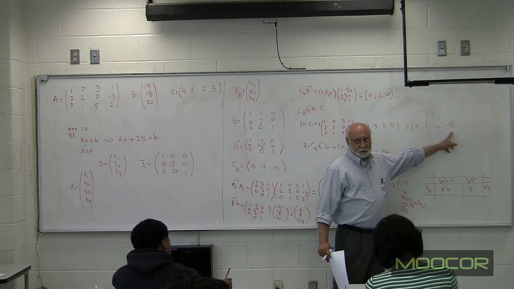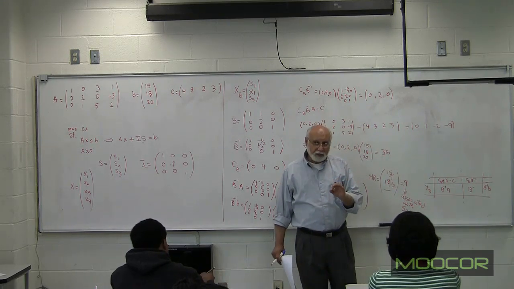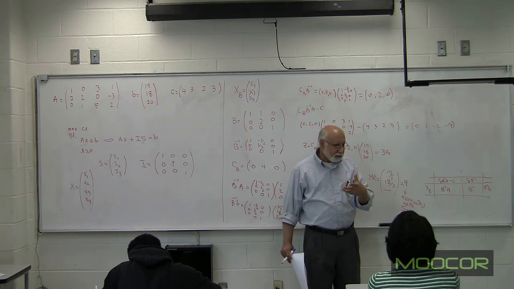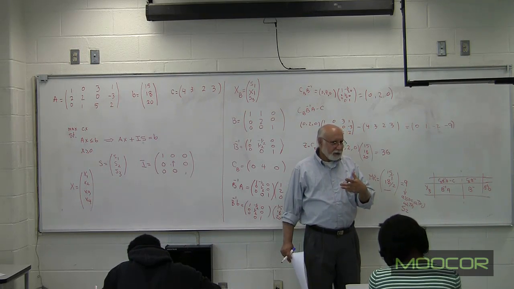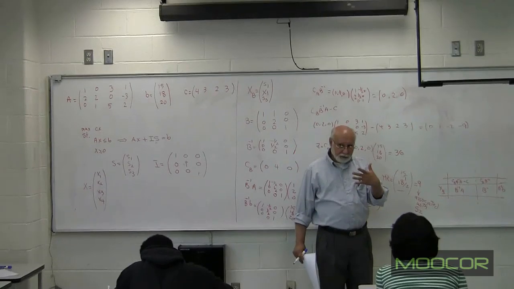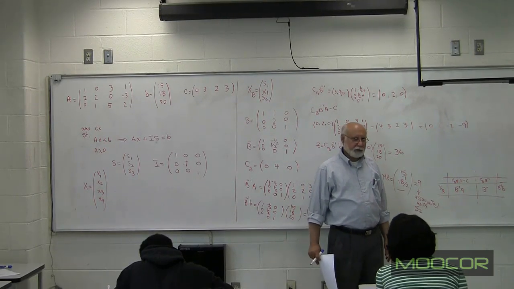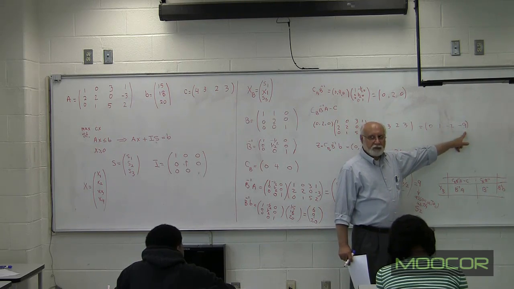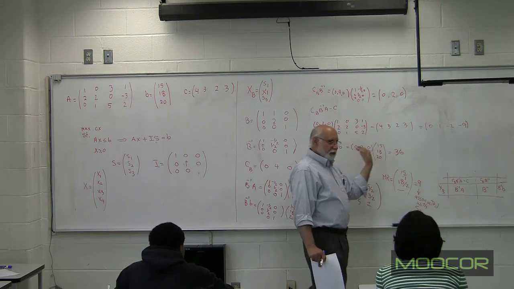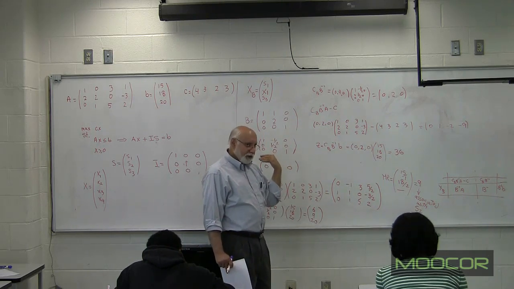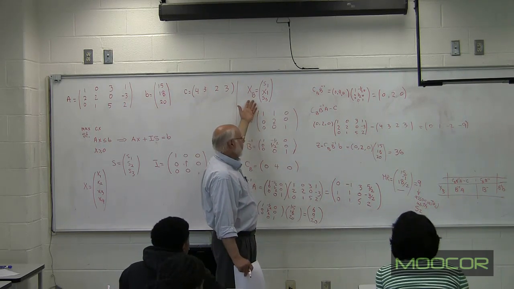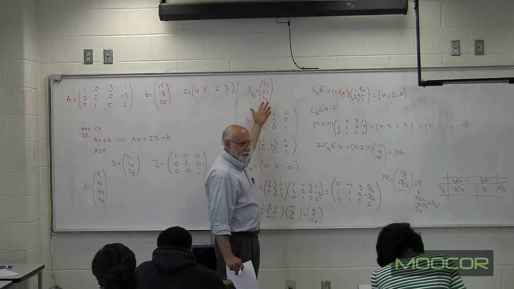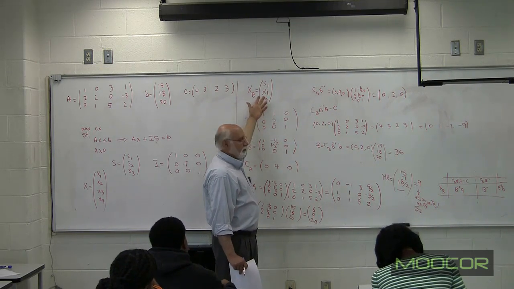It is the one that has the most negative in CBB inverse A minus C and CBB inverse. Okay? This is associated with X4. So I know in my next iteration I'm starting with an XB that has an X4 in here too. But one of them has to leave.